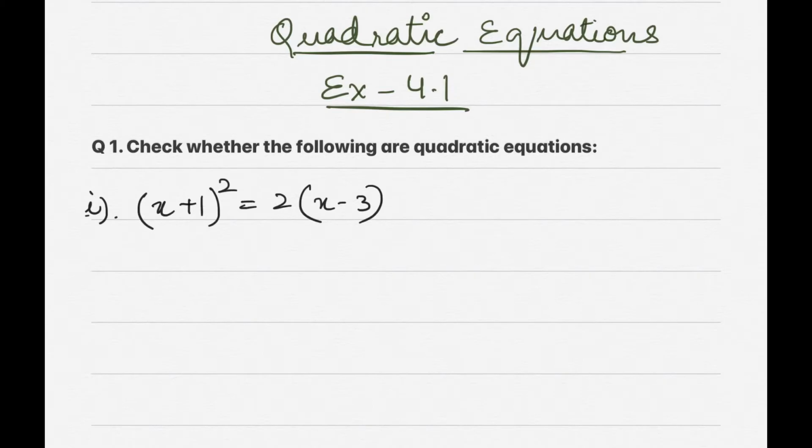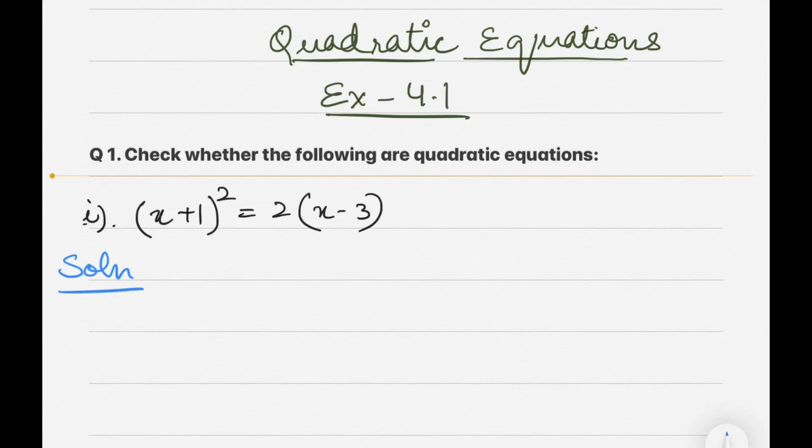So the first part is given: x plus 1 whole square is equal to 2 into x minus 3. Here I can use the identity or formula that a plus b whole square is equal to a square plus 2ab plus b square.